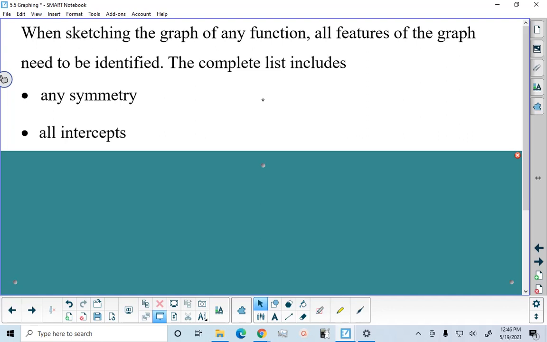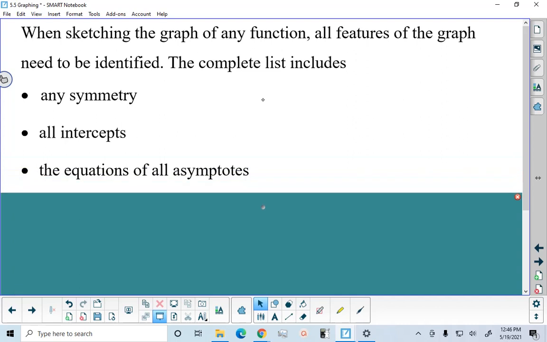Obviously, you should always be looking at determining all of the intercepts. In the end, when we start to put together the increasing and decreasing and concave up and concave down and all that other stuff, it helps to have some guideposts along the road that you know you have to connect. And those are the intercepts. As well, you should look at the equations of all asymptotes.